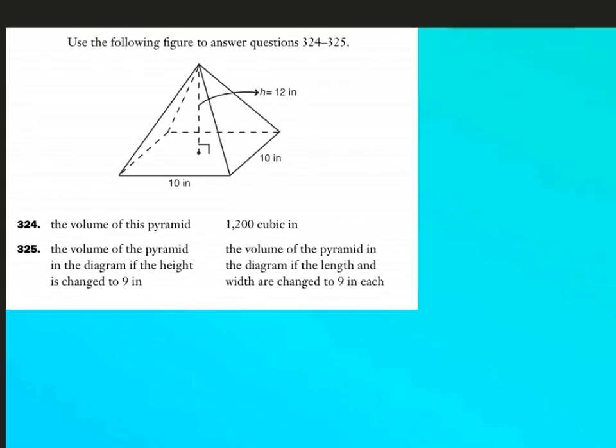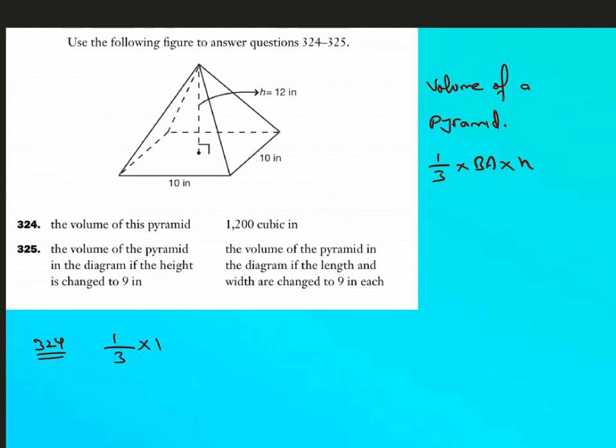Now this is a pyramid. For the pyramid, the volume is 1/3 base area into height. Okay, so I have to compare the volume of this pyramid, which is 1/3.